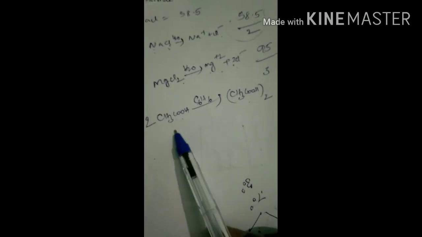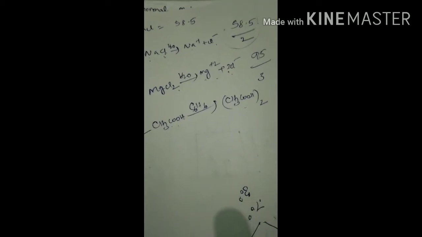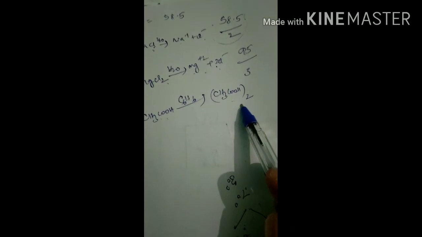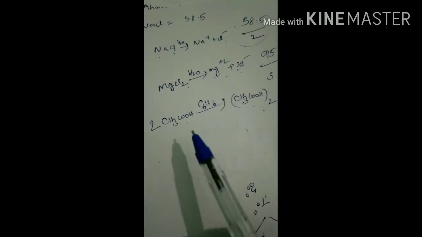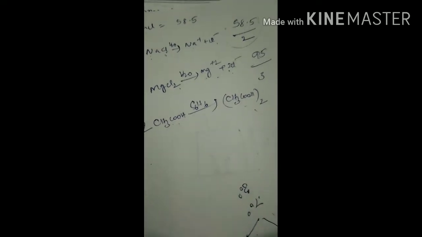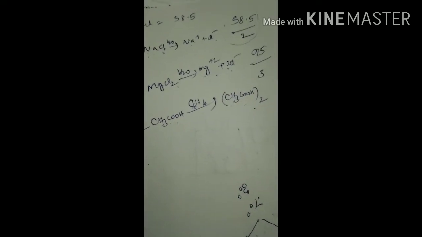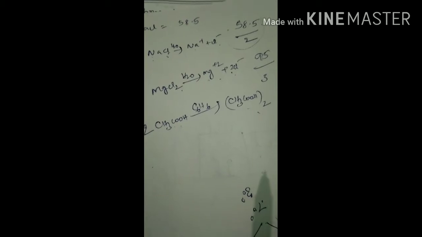That means acetic acid molecules undergo dimerization. Dimerization means two same molecules become one molecule. This is called association. Why is it called association? When the number of particles decreases after reaction, that is called association.